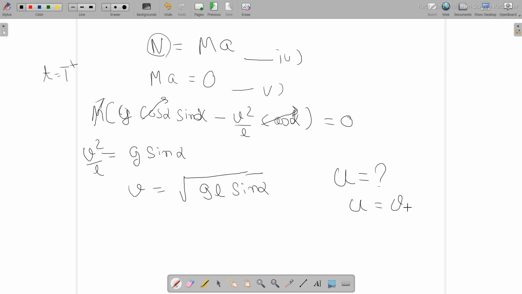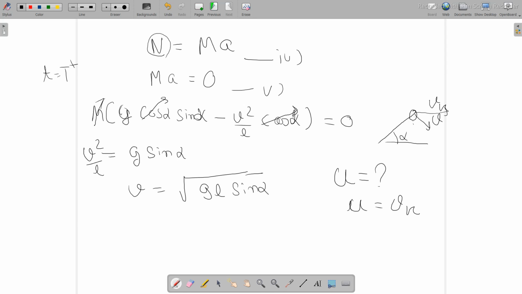Now we have to calculate the value of u, as we know that u is equal to velocity in x component, not v. But this thing we have to take in our understanding, otherwise we will make some mistake. Now we know that v is like this and this is alpha, therefore this is velocity of x.